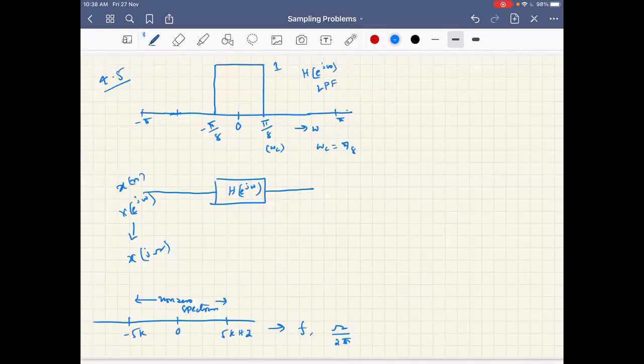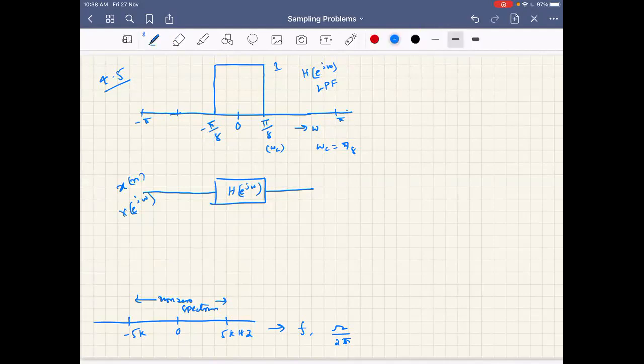The question is, what is the maximum value of T which would avoid aliasing for continuous to discrete time conversion? We don't want to give this directly to a discrete filter.